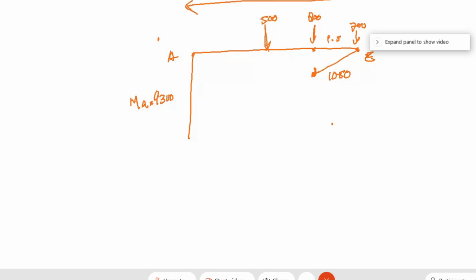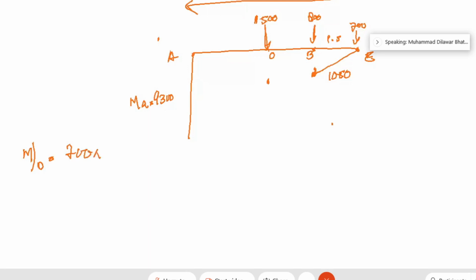At the point where we have a load of, how much was the load? 1500, sorry. This is your, let's say this is B and this is E. And now I have to calculate the moment at point D. Moment at D will be calculated as, firstly we have 700 multiplied by distance.